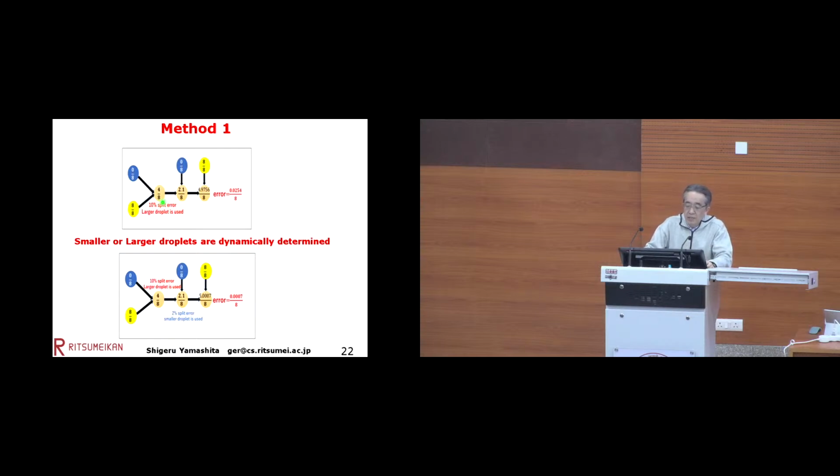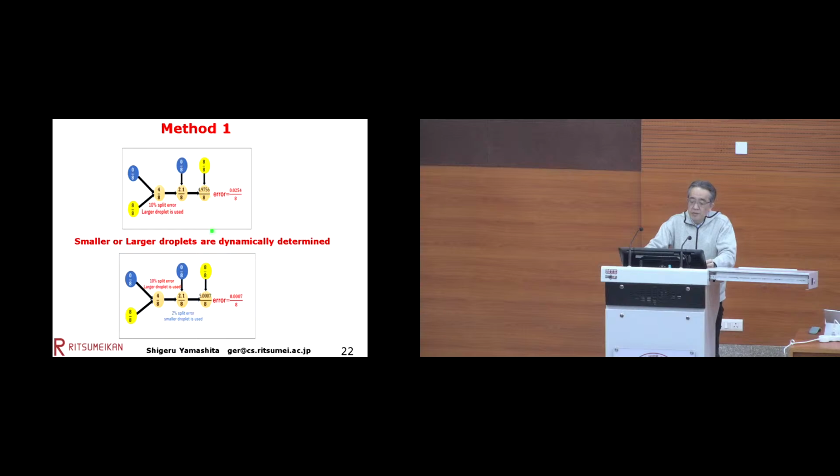For example, here, if we have an unsplit error, then we know that there is a 10% unbiased splitting error. Then we can also calculate the final result if we use the larger one or the smaller one.